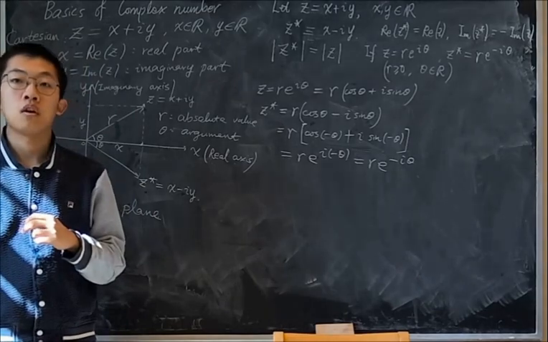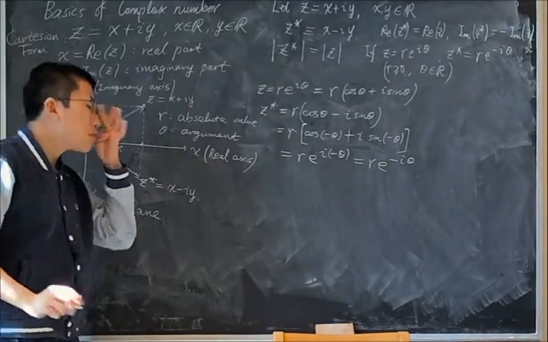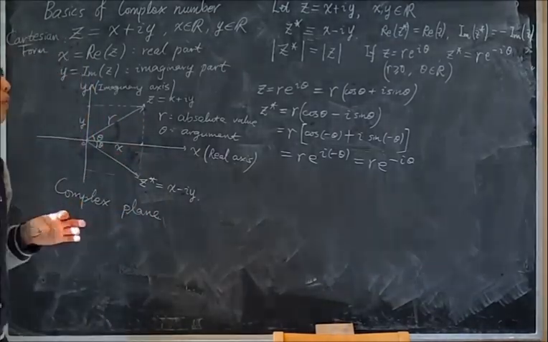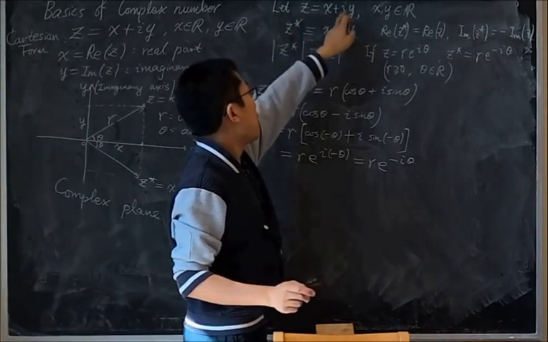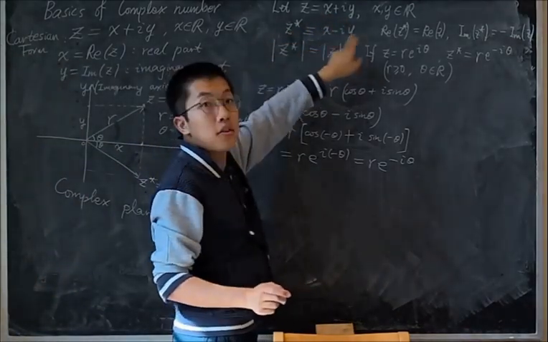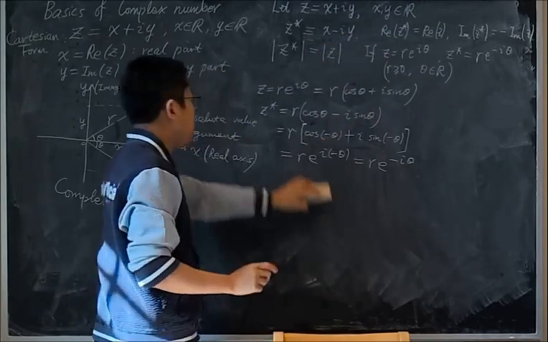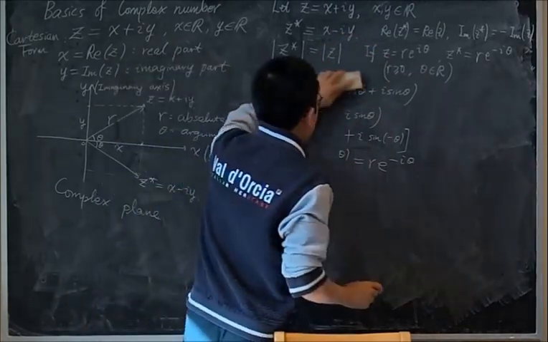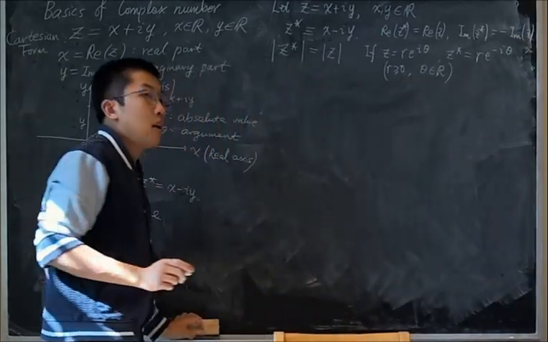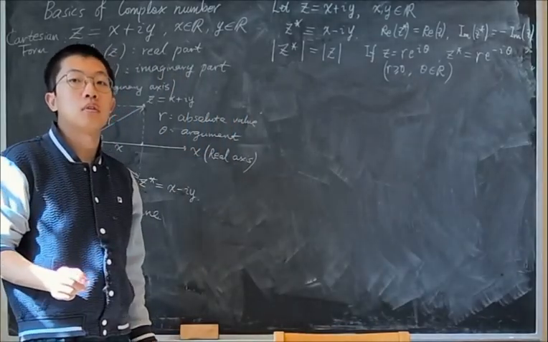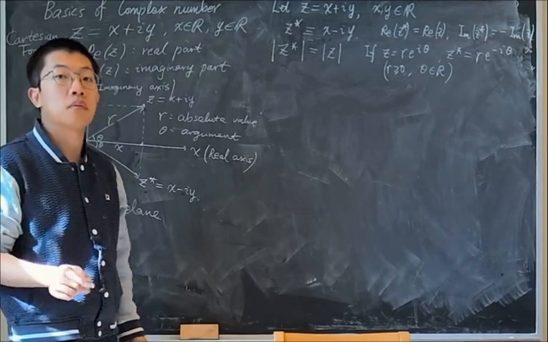Okay, so let's further think about this. z equals x plus iy. z star equals x minus iy. So what do I need to do if we want to get x from z and z star?